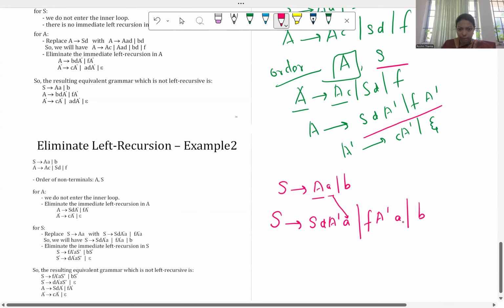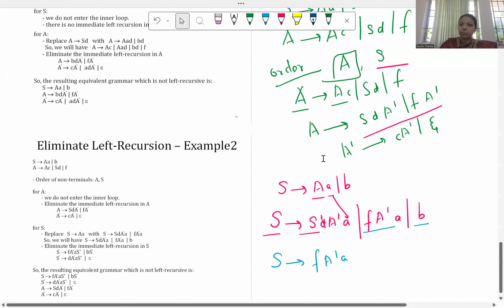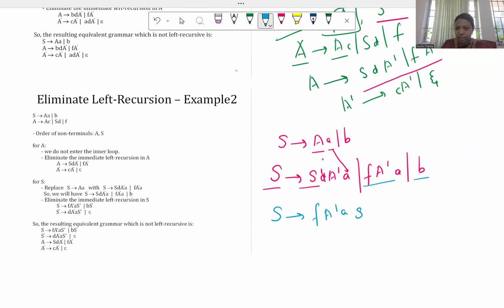So now you look at it. There is a left recursion. So what do you have to do? We have to remove the left recursion. How will you remove? S tends to take the remaining, which is not starting with S: FA dash A S dash, and also B S dash. Now what is S dash? Take the remaining things other than S: that is DA dash A, and introduce the epsilon.